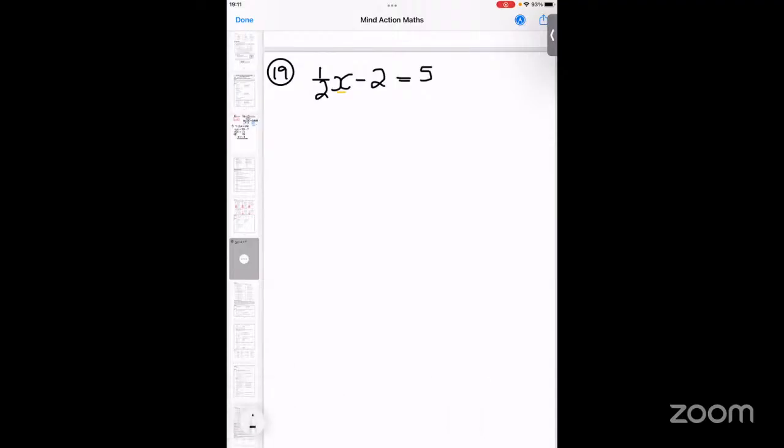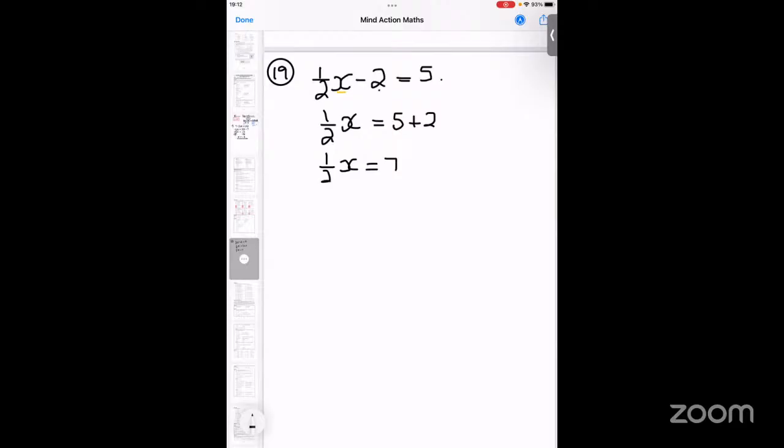So that means honorable members, everything that is attached to a letter, I'm going to leave it on the left. So I'm having 1 over 2x, which is equals to 5. Why can I not take this to the other side? Because I want all the numbers to be on the right. So I still have 1 over 2x, which is equals to, this is definitely 7.